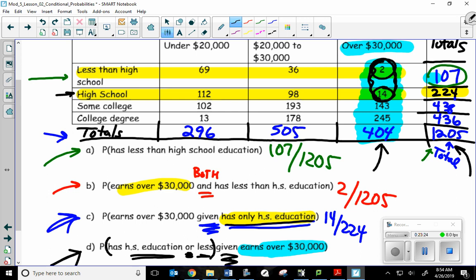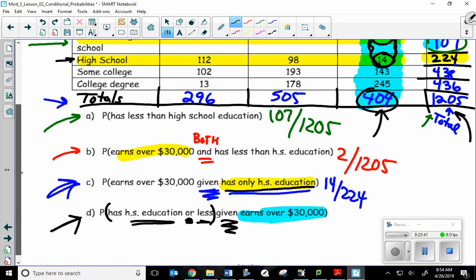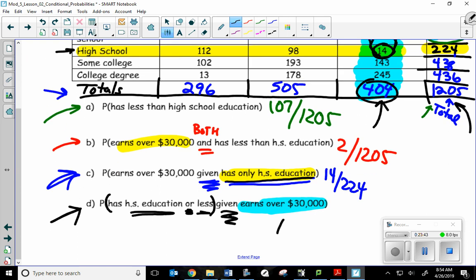So that satisfies both of those. There's 16 out of my 404 that both make over $30,000 and have either a high school education or less. So that's 16 out of 404. We are done. See you later. Unit 5, Lesson 3. I'll see you then.